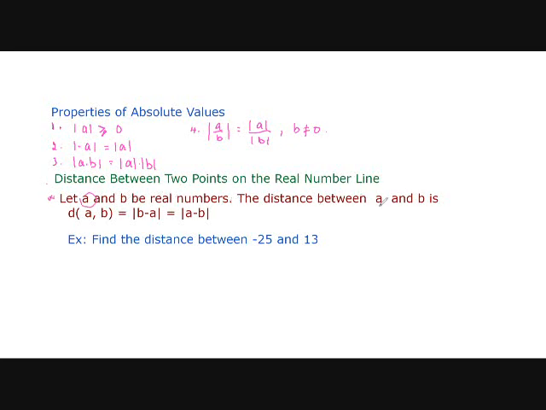The distance between A and B is given by this formula. So if you want to find the distance between A and B, you can use absolute B minus A, or either one, absolute A minus B. What the meaning is, take a look, if I draw on the number line here.